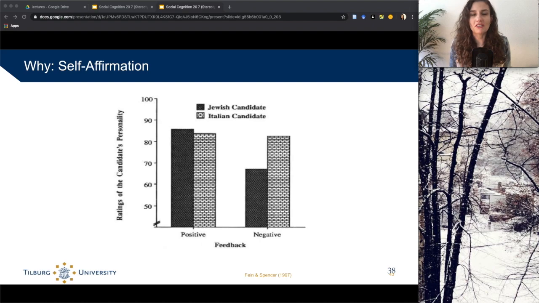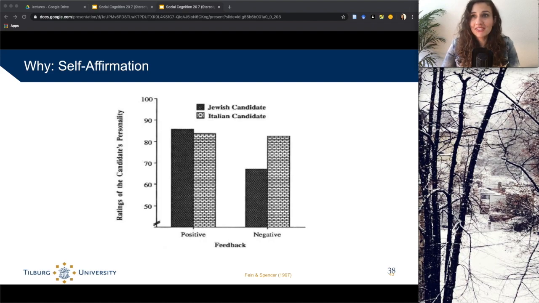We don't see evidence for a difference in stereotyping the Jewish versus Italian candidate, but participants who received negative feedback, so those would be the ones who didn't feel good about themselves, there we can see some evidence for stereotyping negatively the Jewish candidate. So the Jewish candidate got a less positive rating overall than the Italian candidate by people who received negative feedback.